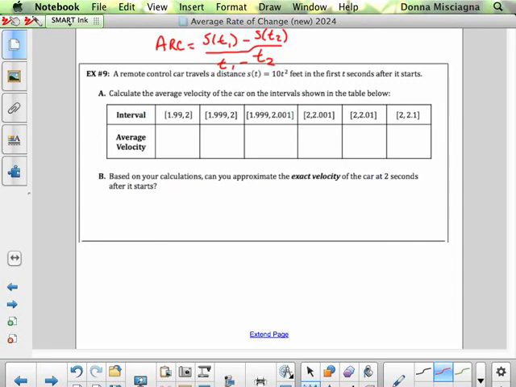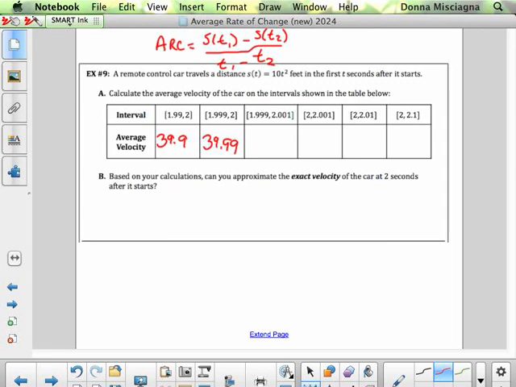So for T1 2 and T2 1.99, I got 39.9 feet per second. For the second interval, 1.999 and 2, I got 39.99.